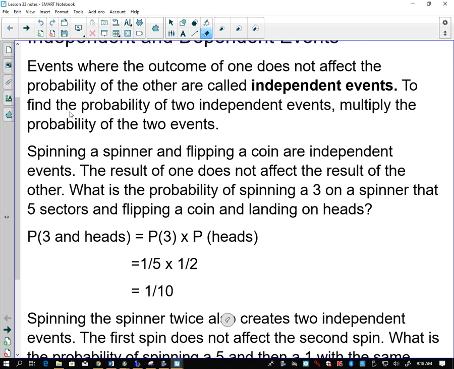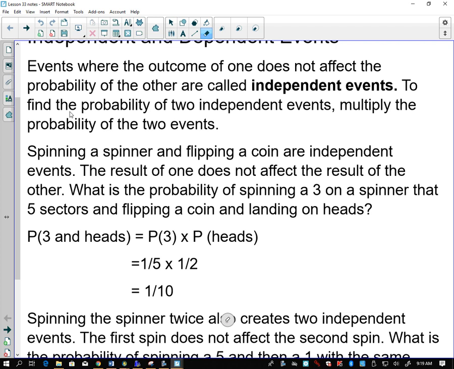All right, so that's why we see this fraction 1 over 5. The probability of flipping a head and getting a head on a coin flip, so long as it's not a 2-headed coin, is 1 out of 2, right? I have one of them that is heads, and there's 2 sides to the coin. So do we understand how we get 1/5 times 1/2?